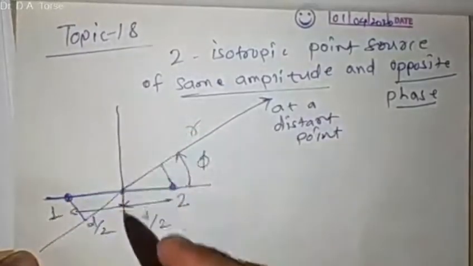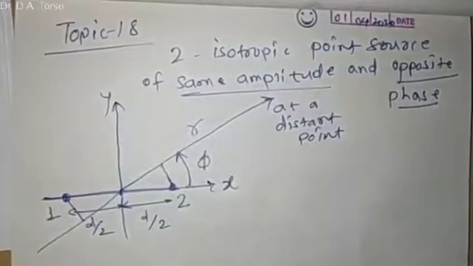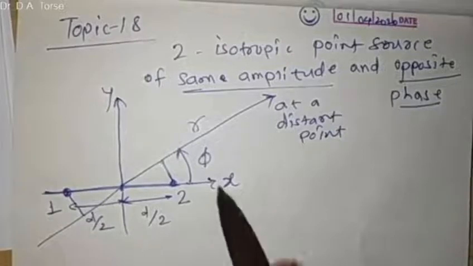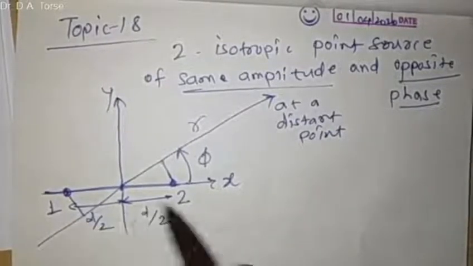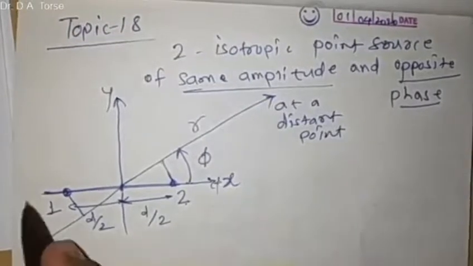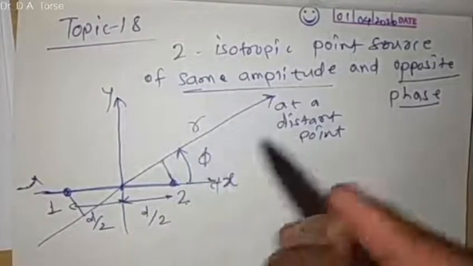This is our y-axis and this is the x-axis. As we discussed earlier, these two point sources are placed on two opposite sides of the axis, this one on the positive x-axis and this one on the negative x-axis, and the measurement is being done on the positive side.